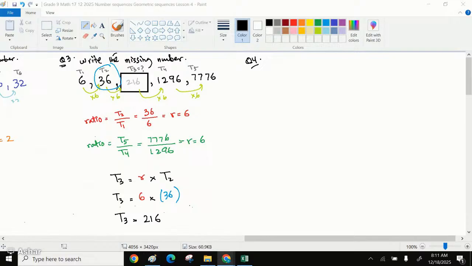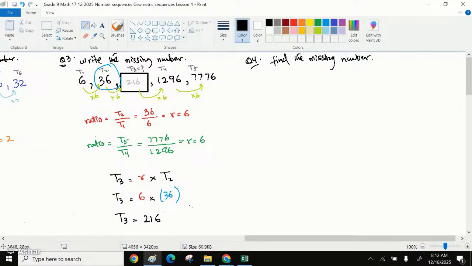The next question says, find the missing number in the geometric sequence.